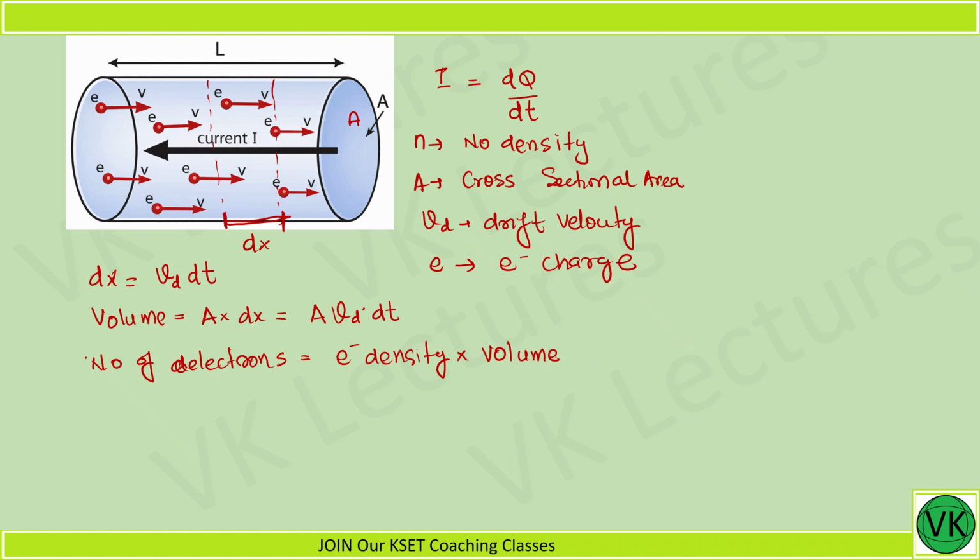So number density is n, volume is what we have calculated, A vd dt. So this becomes the number of electrons. Now what is the charge?